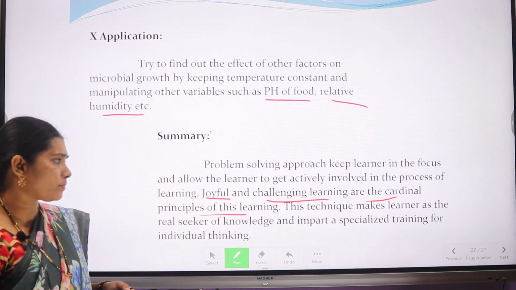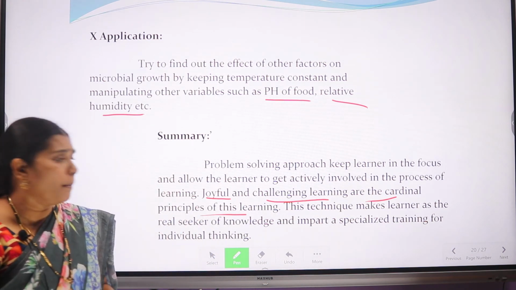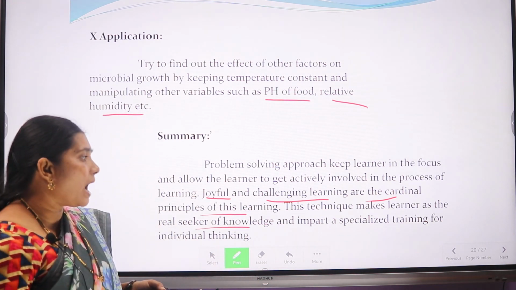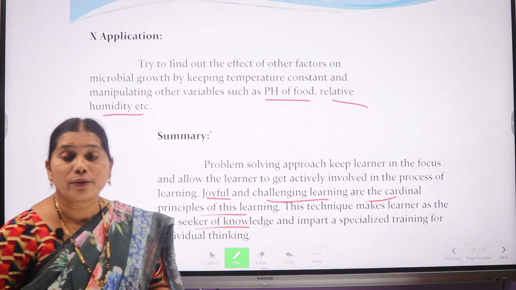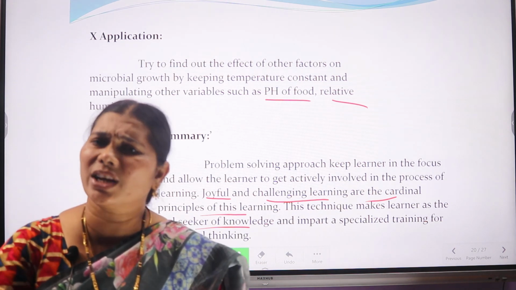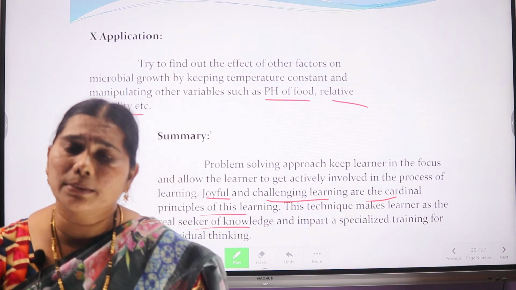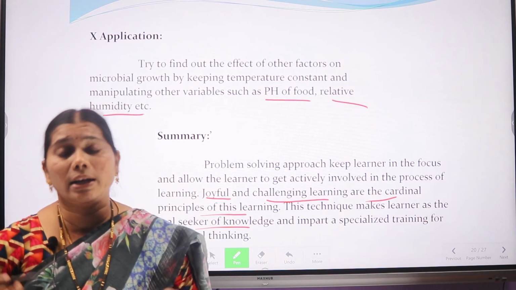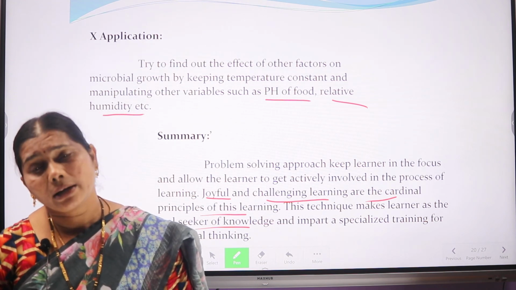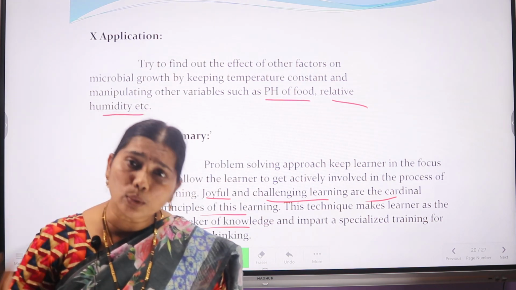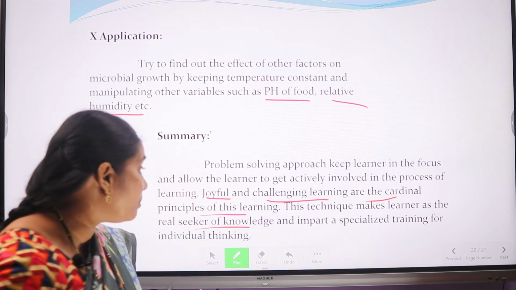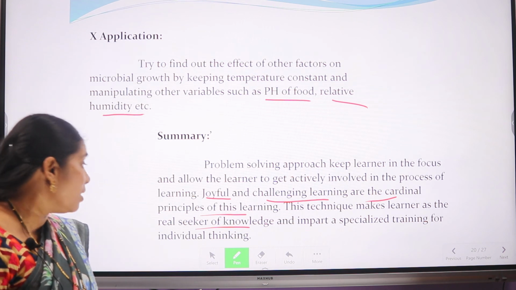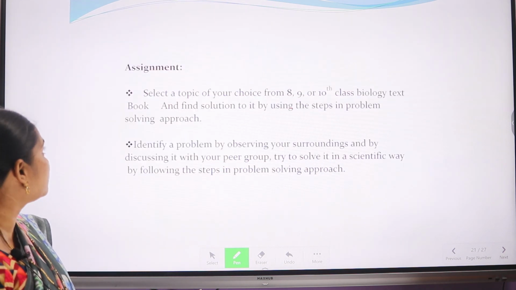This technique makes the learner a seeker of knowledge, and it imparts specialized training for individualized thinking, where the child will never just believe it, but will inquire into it, take up a problem, study the problem in different situations, formulate the hypothesis, test the hypothesis, and come out with a generalization.